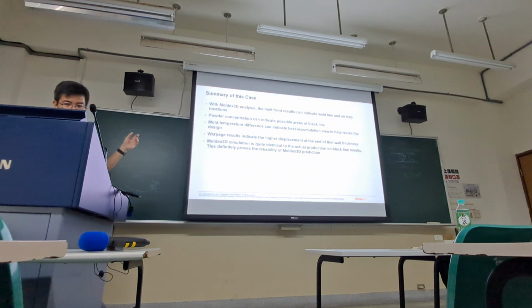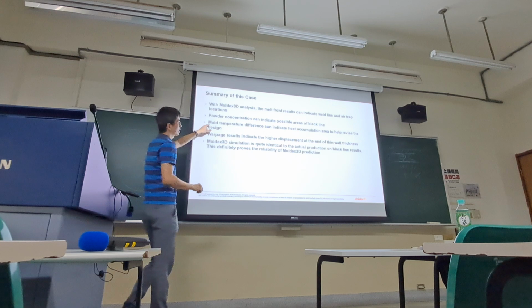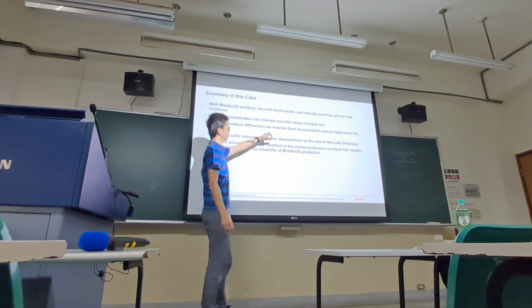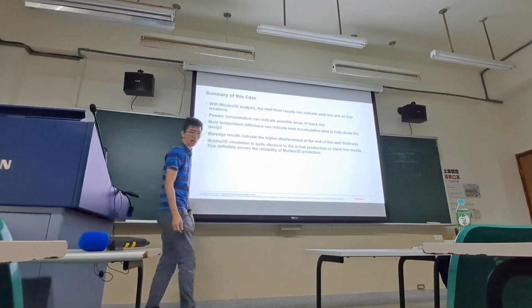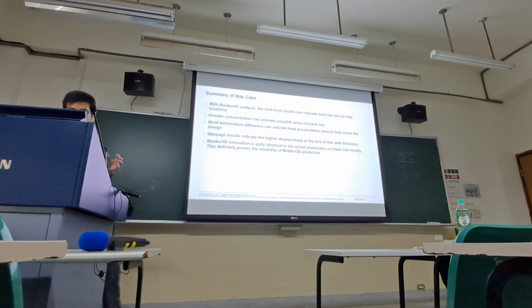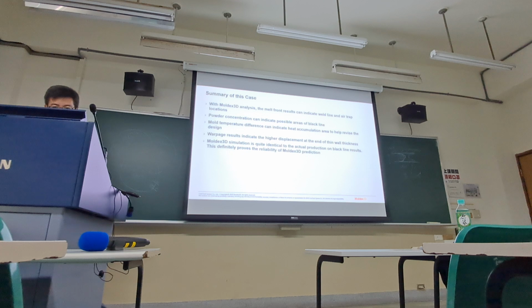We also provide powder concentration to help you identify the black line. And mold temperature difference can help you know where there is heat accumulation. And if you want, you can try to do a better cooling channel design to remove those hot spots.